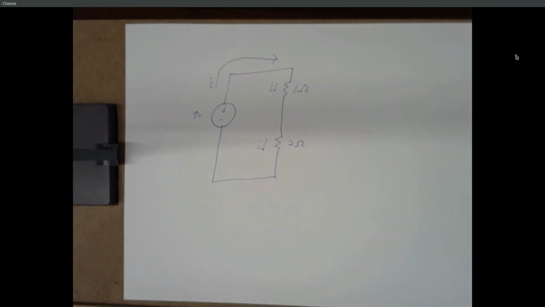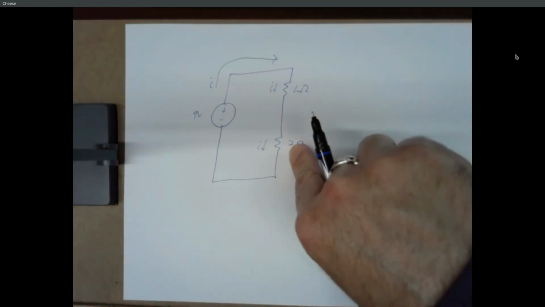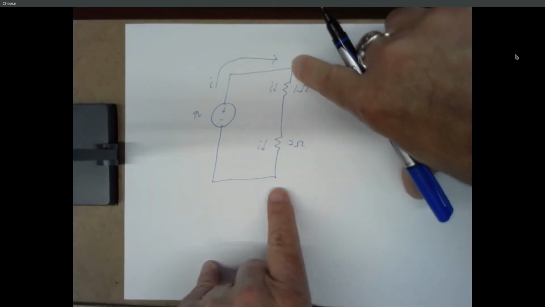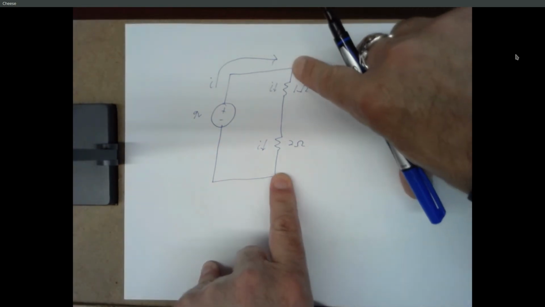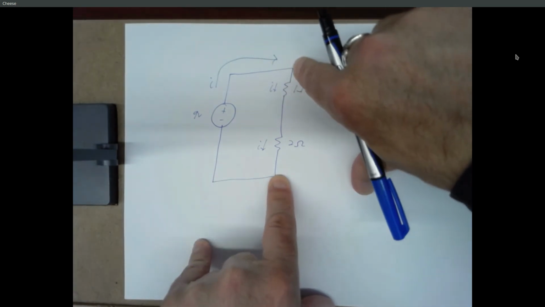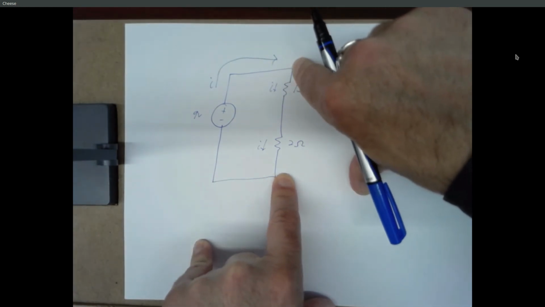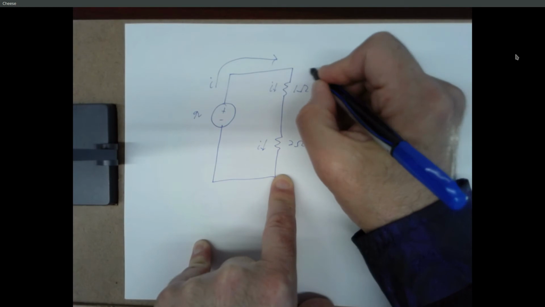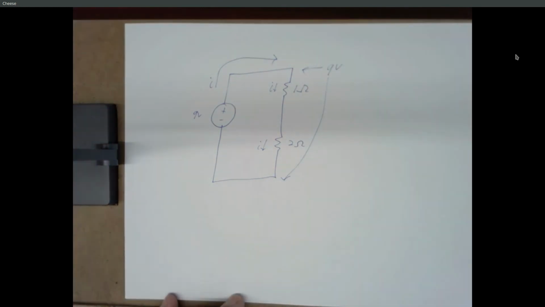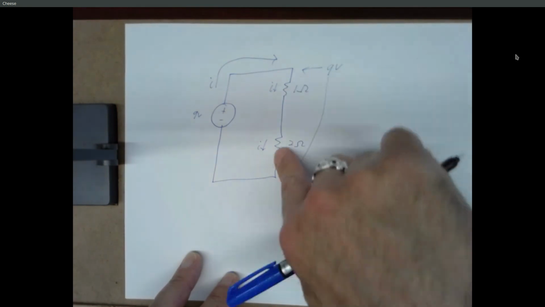Do we know directly from looking at this what the voltage across this resistor or that resistor is? No. But we know the voltage from here to here is 9 volts, because wires don't change voltage. But that doesn't tell us directly what the voltage is across each of these resistors.